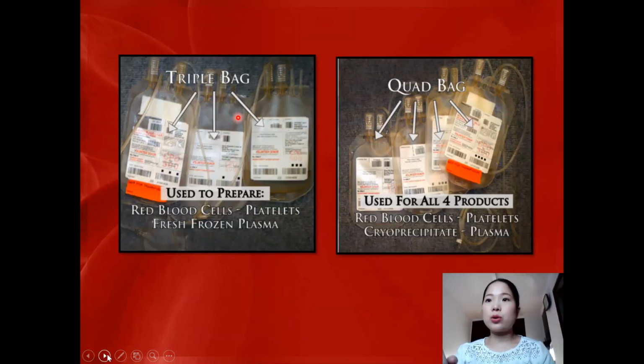So this picture shows the triple bag, which is used to prepare the red blood cells, platelets, and the fresh frozen plasma, while the quad bag is used to get all four products, the red blood cells, the platelets, the cryoprecipitate, and specifically your cryo-poor plasma or your cryosupernate.